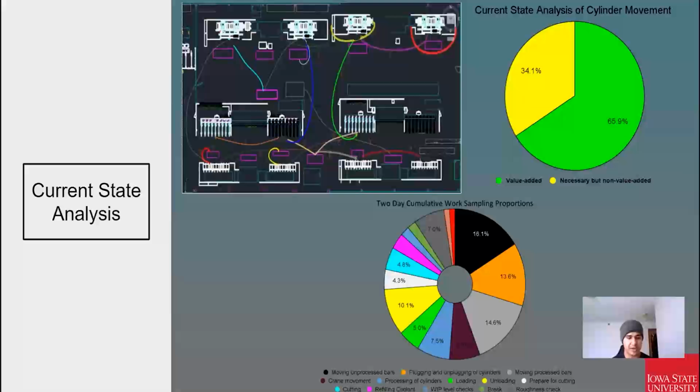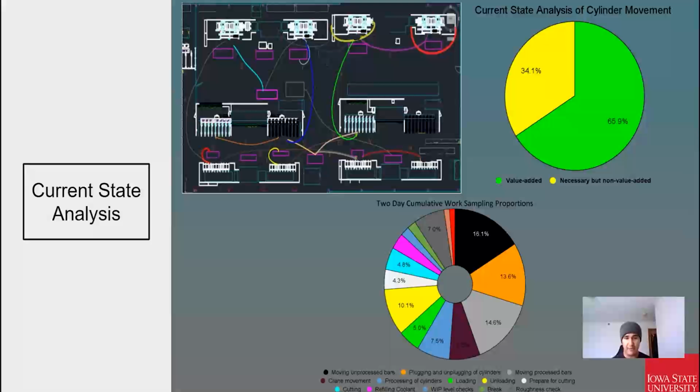In our current state analysis, we conducted multiple studies. Represented on the left top corner is the spaghetti diagram of the material flow and the facility layout. And represented with the red thick line on the right top corner is the most repetitive movement of material.